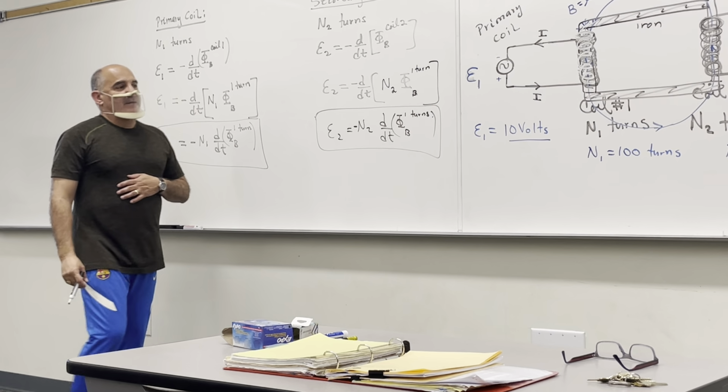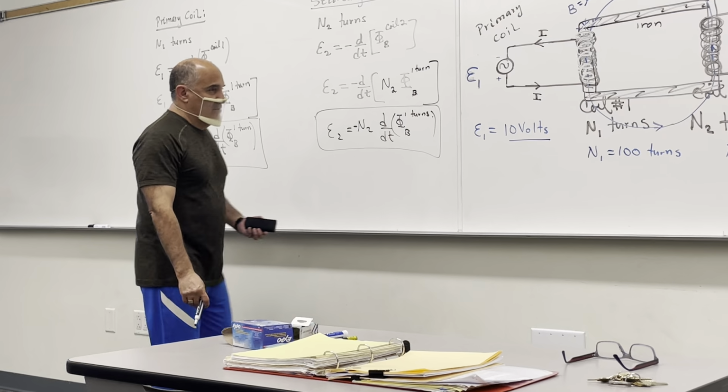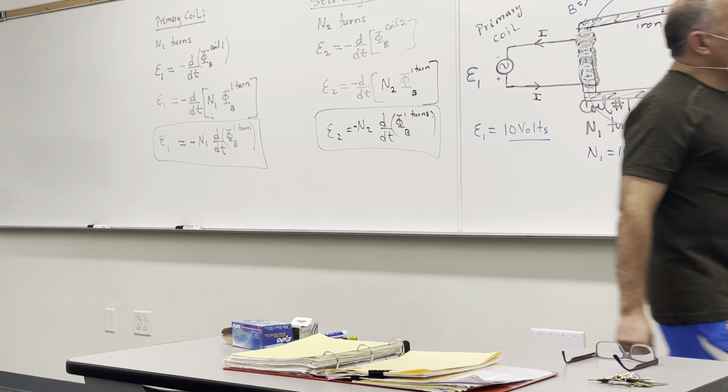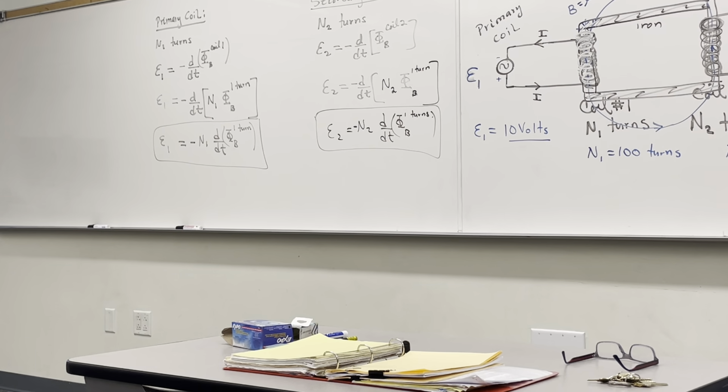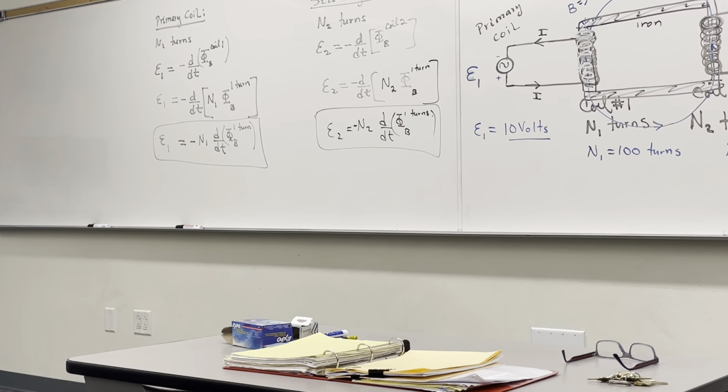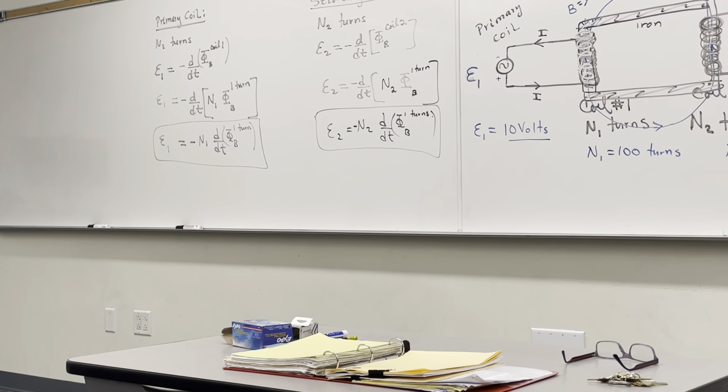Now, a little aside over here. Chapter 31 is on a voltage source connected to a resistor, and then what's the current through that resistor. And then there's another section where you have a voltage source connected to a capacitor, and then what's going to be the charge in the capacitor.